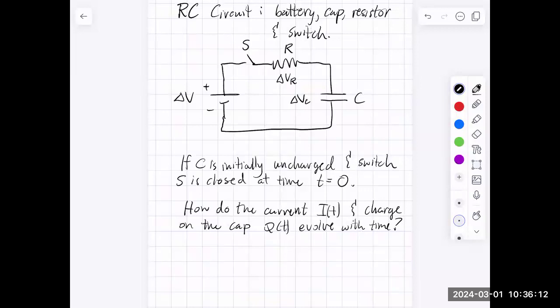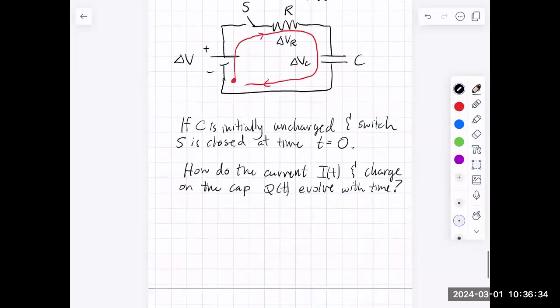And we'll do the same kind of loop that we thought about doing for the parallel capacitors. We'll start in, let's say, the bottom left corner, and we'll take a clockwise loop around our circuit, and we'll just keep track of all the changes in voltage, and those changes in voltage have to sum up to be zero.